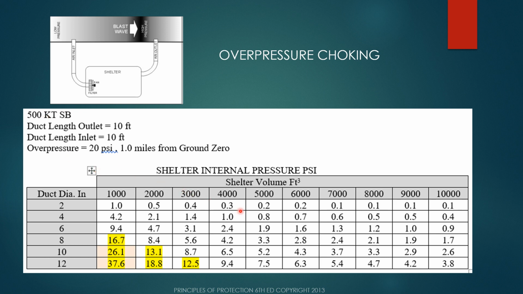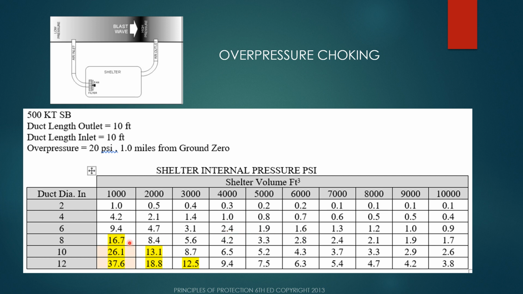But if your shelter has, for example, 4,000 cubic feet in it, and you're using a 6-inch air inlet and a 6-inch air outlet, you're going to get 2.4 psi pressure maximum inside the shelter. That's assuming that the weapon detonates properly, assuming that the land is flat, assuming that there are no buildings to obstruct the blast wave. So this is the most that you're going to get inside the shelter.